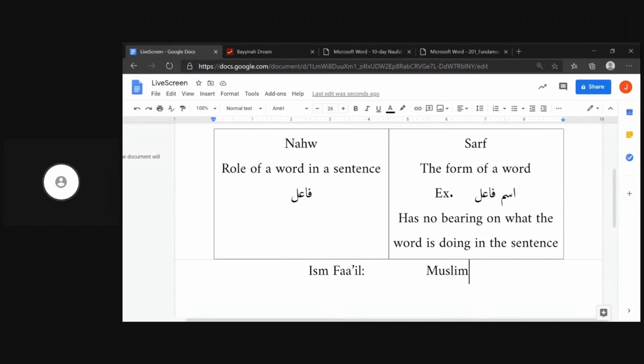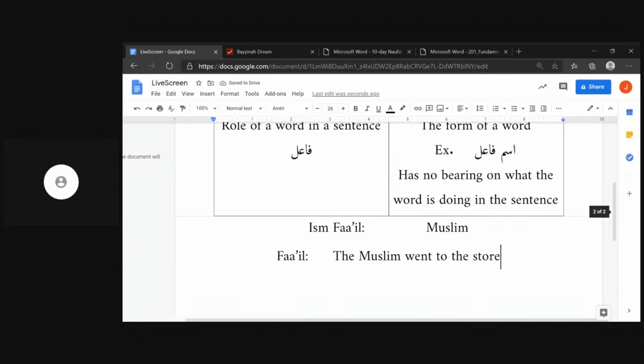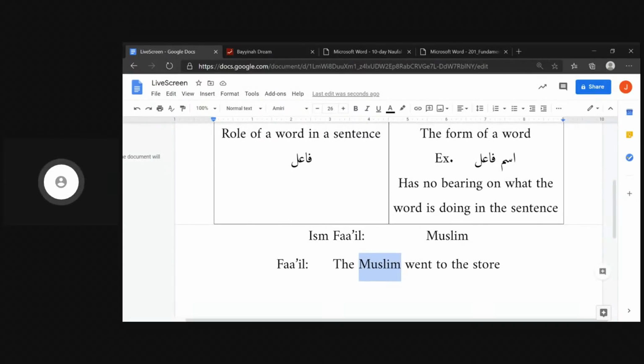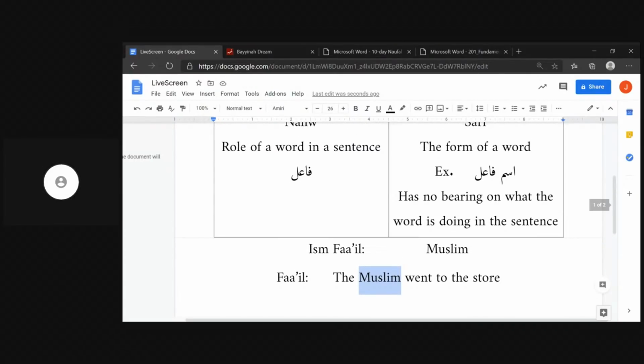But if I put Muslim in a sentence, now this is a fa'il example. Muslim went to the store. The role of the Muslim in the sentence is that it's doing the going, right?